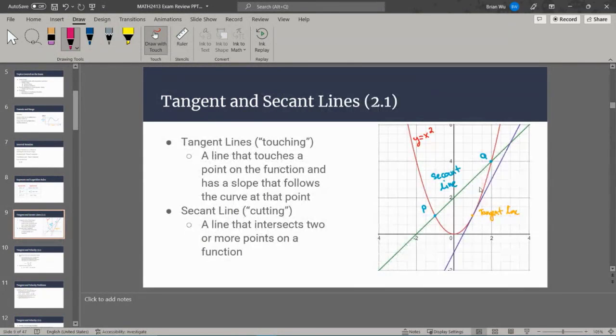As we saw before, if you take 2 points on a function and make them really close to one of the points, these 2 points will eventually be so close that they're essentially at one single point, and they estimate a tangent line.